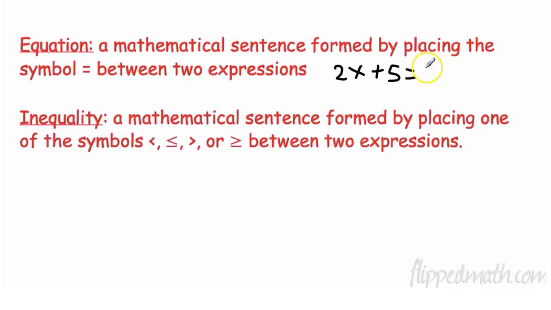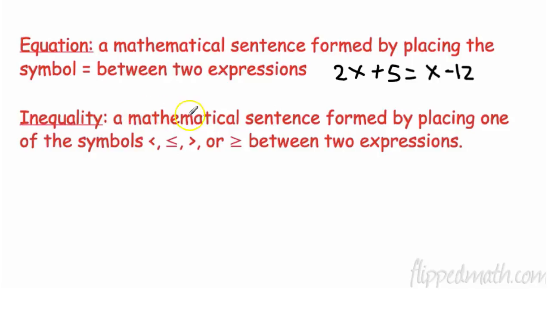So maybe x minus 12. When you have two expressions and an equal sign between them, that's how you get an equation. And remember this: equation has an equal sign. Equation, equal.